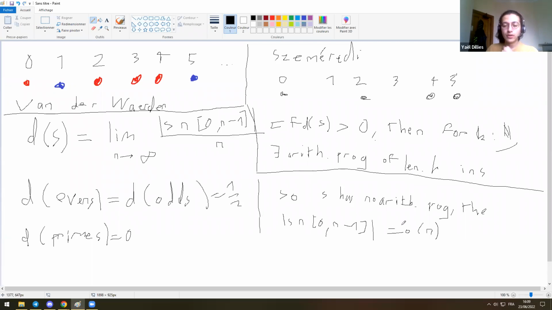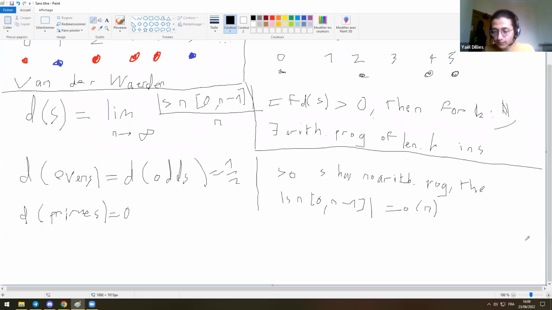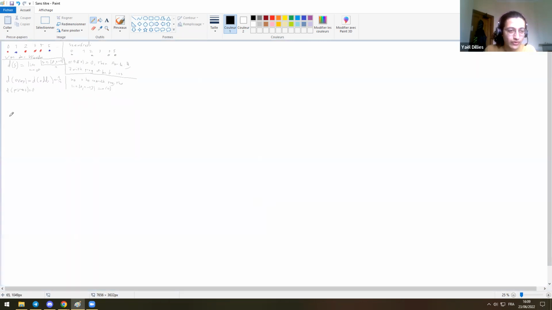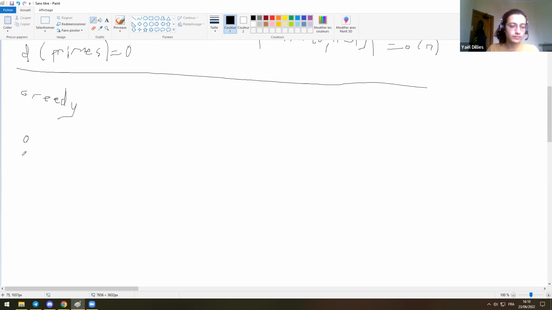But actually, we know that it's little o of n, and if we think about, for example, the greedy algorithm, let me extend that a bit. Perfect. So if we think about the greedy algorithm, what does that give? So you will take 0. Then you can take 1.